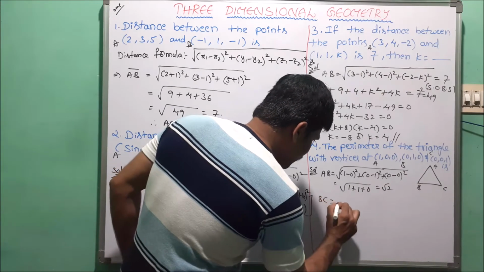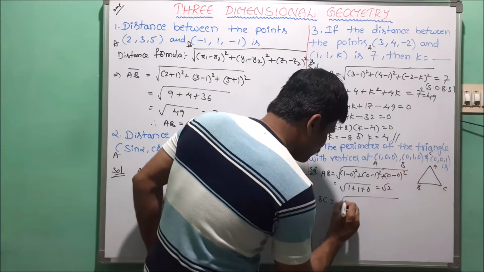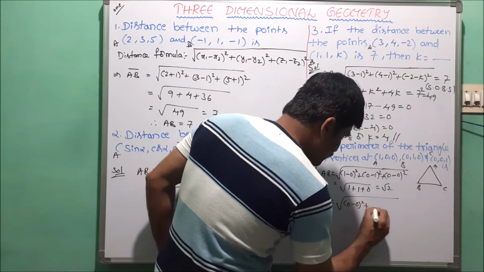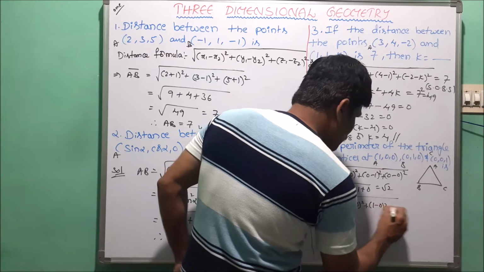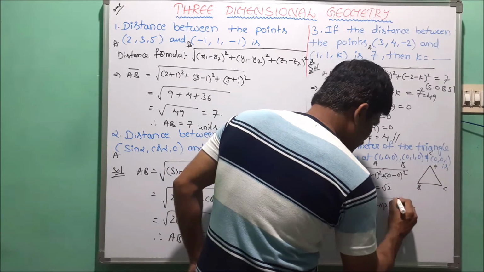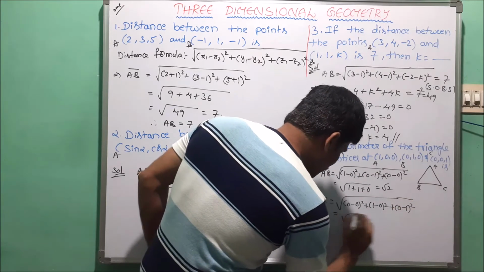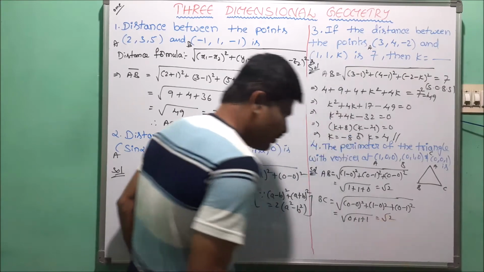Similarly, to find BC, we take (0 minus 0) whole square plus (1 minus 0) whole square plus (0 minus 1) whole square. Now here also we write square root of 0 plus 1 plus 1, that will be also root 2.